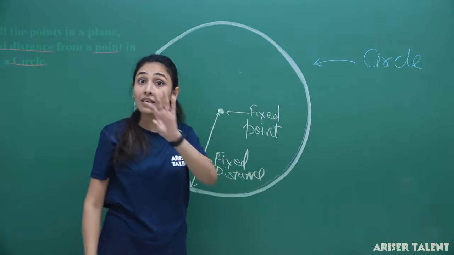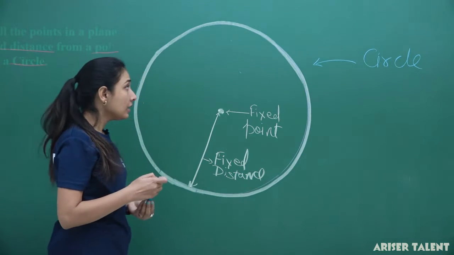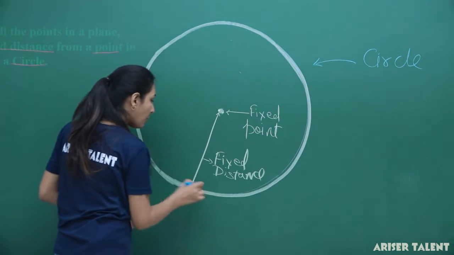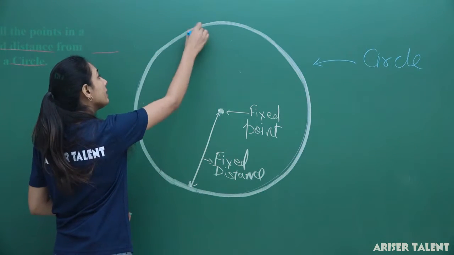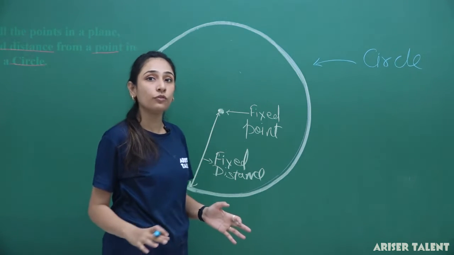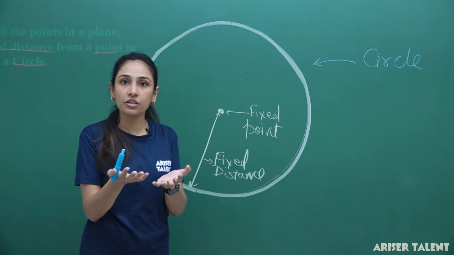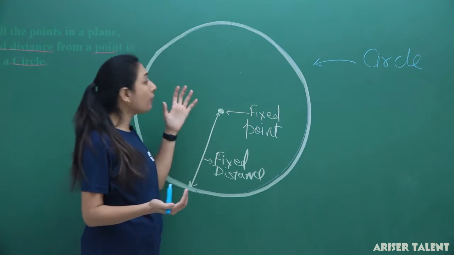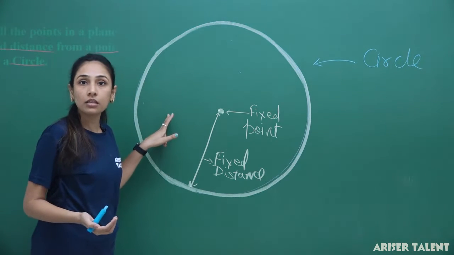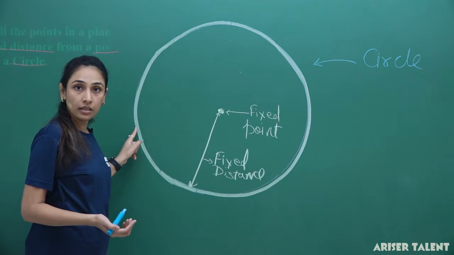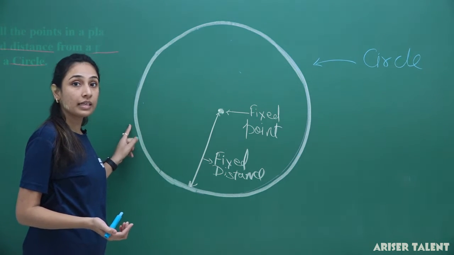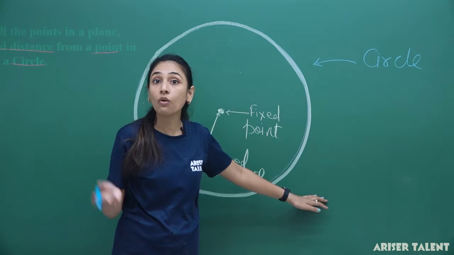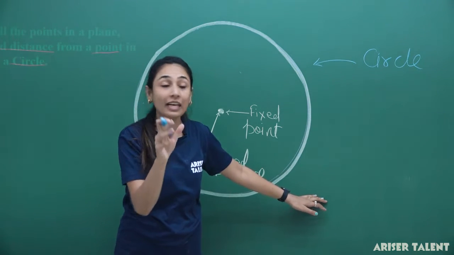And the third location is where? The third location is here, on this particular boundary, where I can have infinite number of points. So regarding the location of points with respect to a circle, points can be inside the circle, on the circumference of the circle, or outside the circle.